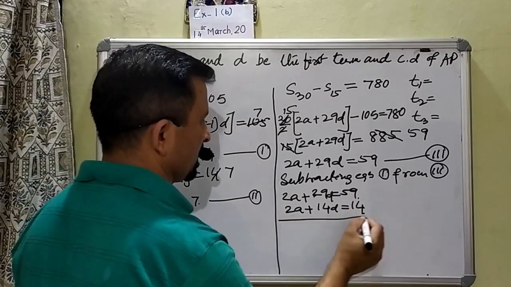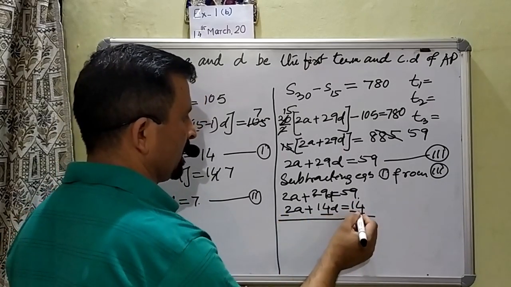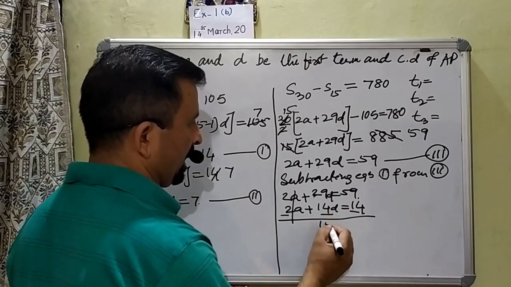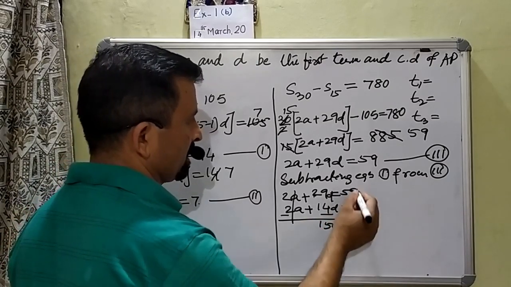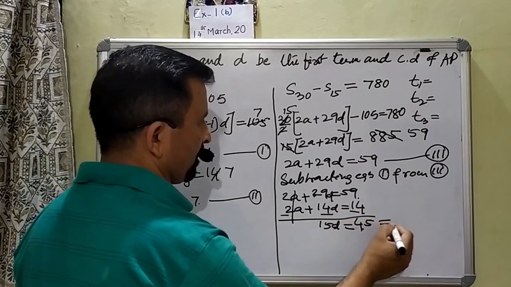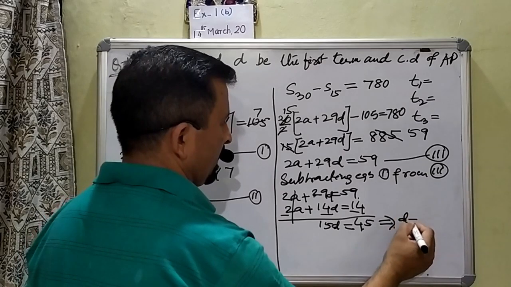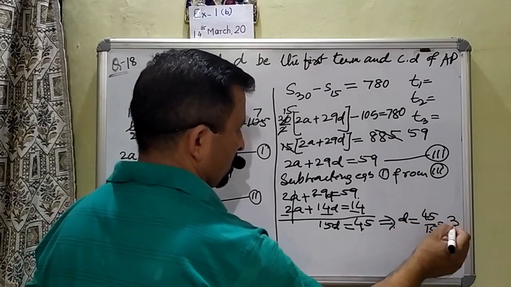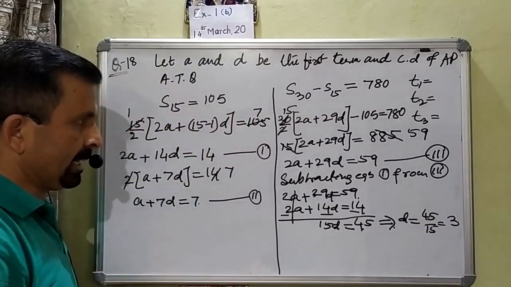Now we can subtract, change the sign of all these numbers, simply this is cancelled, this is equal to 15d, and this is 9 minus 4, 5, 5 minus 1, 4. So this implies your value of d is equal to 45 divided by 15 is equal to 3. So we got the value of d.